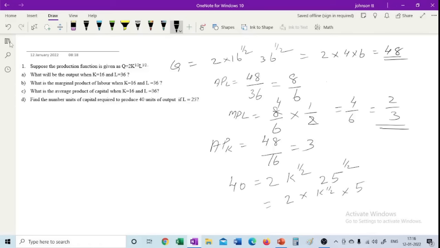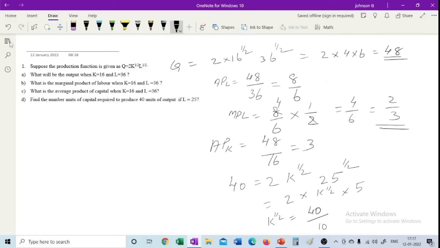So then k raised to 1 by 2 is equal to 40 divided by 2 into 5, that is 10.